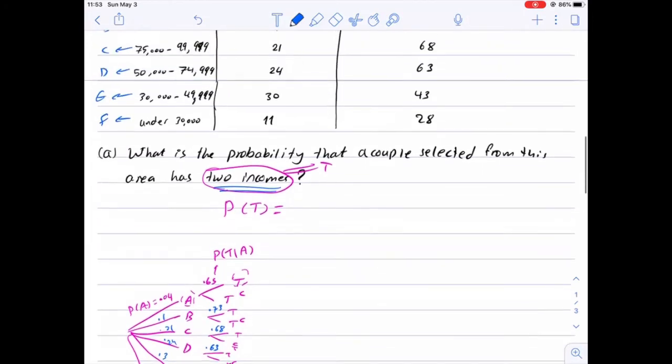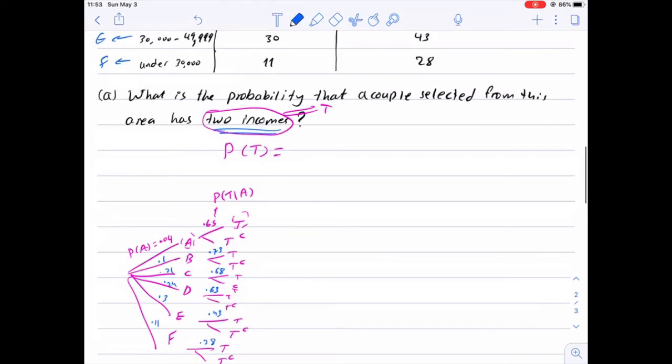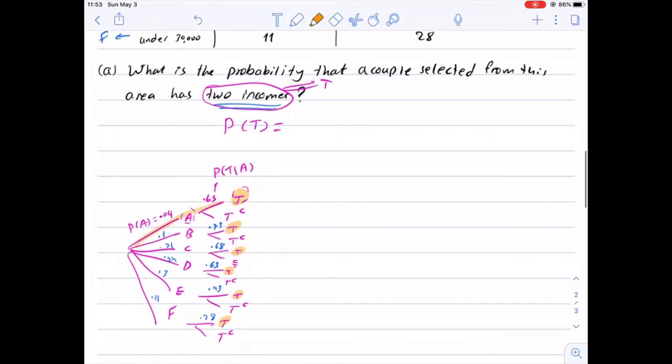Now we want to find the probability that the couples have two incomes. That means all these branches that give two incomes.